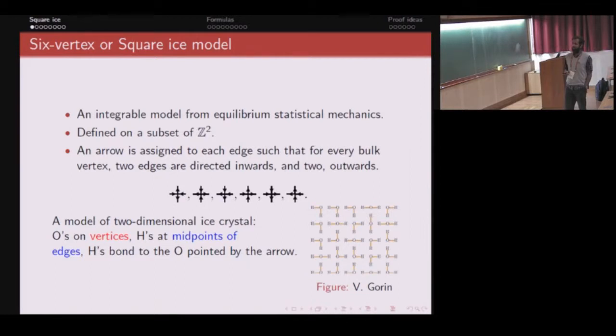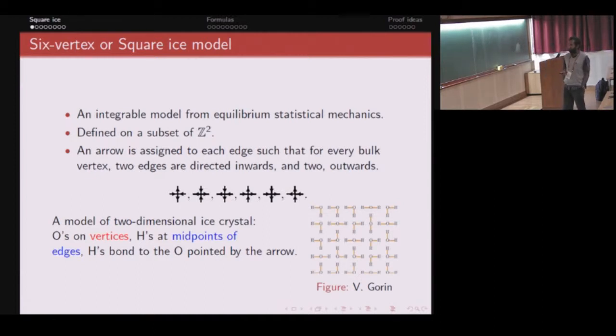Such that there is a local conservation in the sense that for every vertex, there are exactly 2 arrows coming in and 2 arrows going out. Then an elementary combinatorial argument tells you that there are exactly 6 possibilities, and therefore it's called the 6-vertex model.